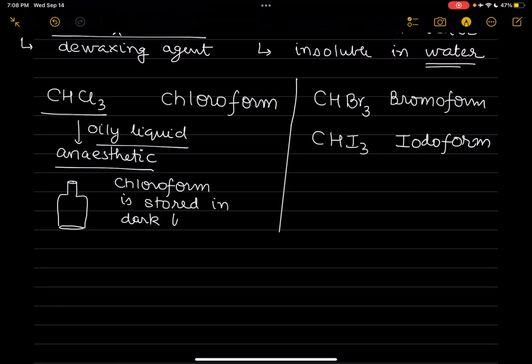It has a sickly smell, and it should be kept away from sunlight. So what's the reason?